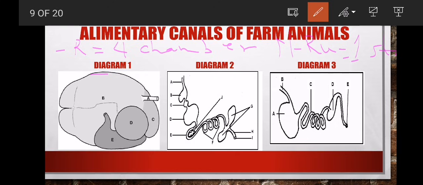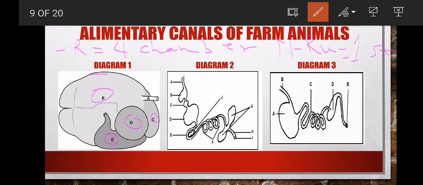This is a kind of farm animal that has a complex stomach. Since it has a complex stomach, you can check. We have different stomachs here. B, it's a stomach. Your C, it's another stomach. Your D, it's another stomach. Your E, it's another stomach. So what does that mean?